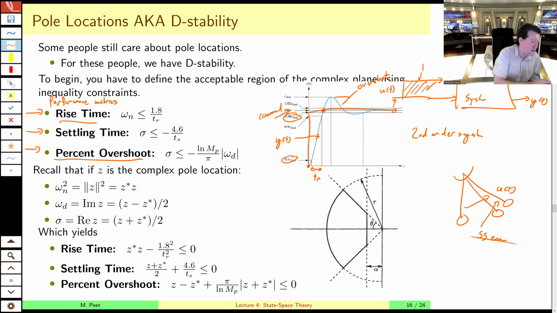That is the percent overshoot, MP, and it's a fraction. So 0.1 would be 10% overshoot. The actual metrics here are TR, TS, and MP. I have some inequalities here, but we'll talk about that in a second. So these are the actual three metrics.